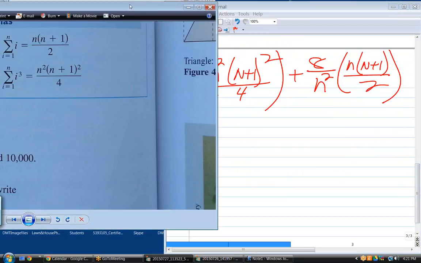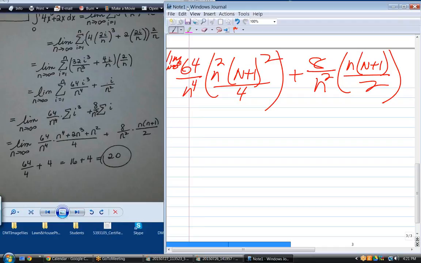Let me get rid of this page. This numerator is what you get when you expand (n plus 1) squared and multiply it by n squared.